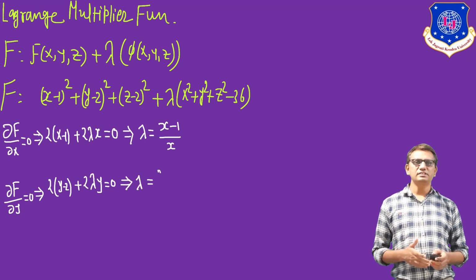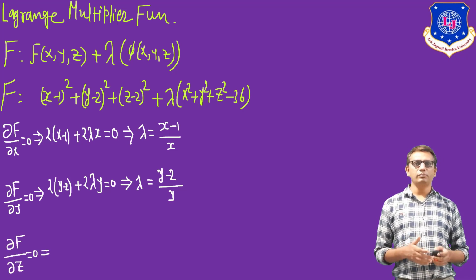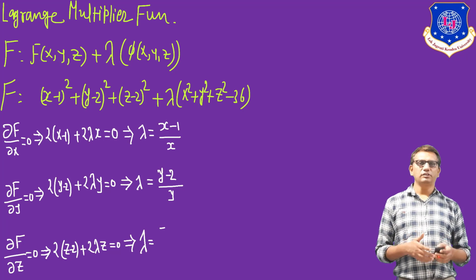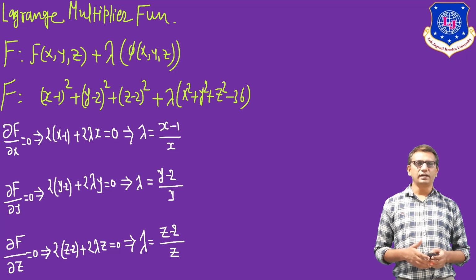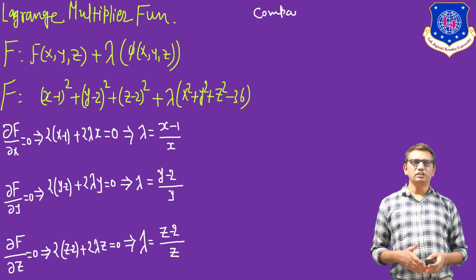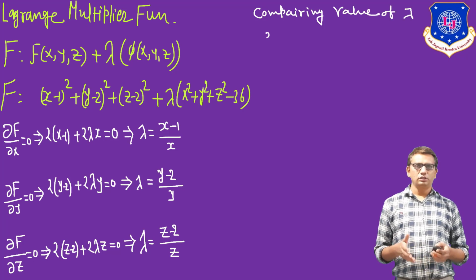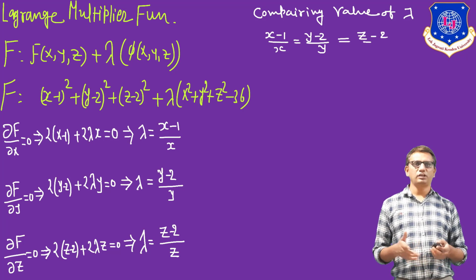So lambda is a parameter according to the condition, lambda equal to (2 minus y) upon y from the second equation. From del F by del z we can identify lambda equal to (2 minus z) upon z. Now we will compare these equations. Comparing all these relations of lambda with x, y, z, we have the ratios of x, y and z.